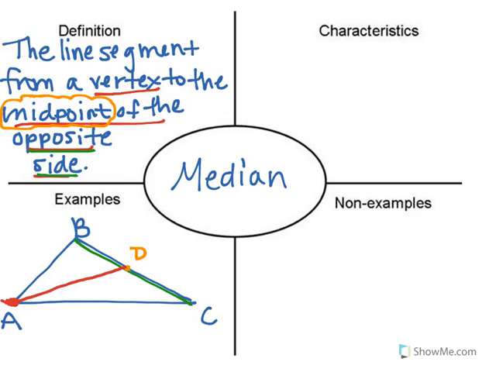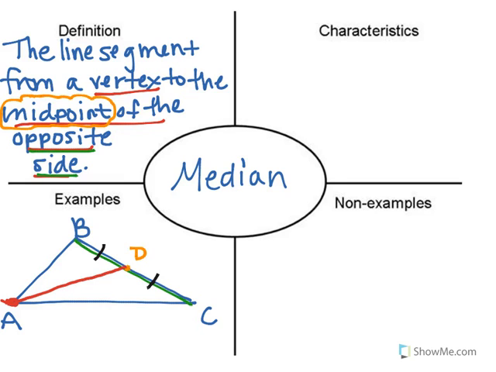So it starts at A and goes to D because D is the midpoint of BC. Now, we could take this one step further because we know that midpoints split segments into two congruent parts. So if D is the midpoint, that means that BD is congruent to DC.